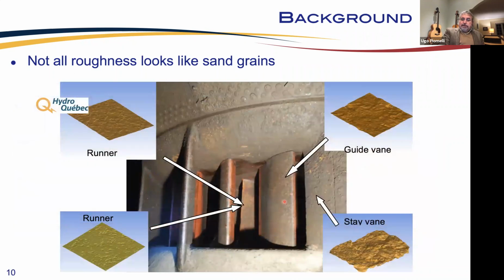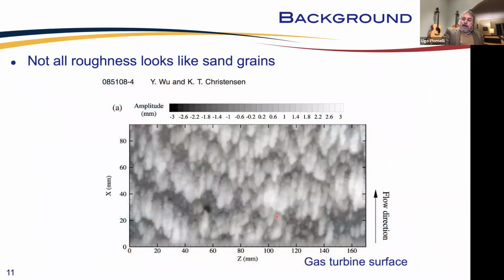Not only that, but if you look at various different parts of a turbine, the surface looks quite different depending on how the flow is in that region. If you have a gas turbine, the shape is again different, and you see very clearly a preference of the roughness elements that are aligned in the flow direction.